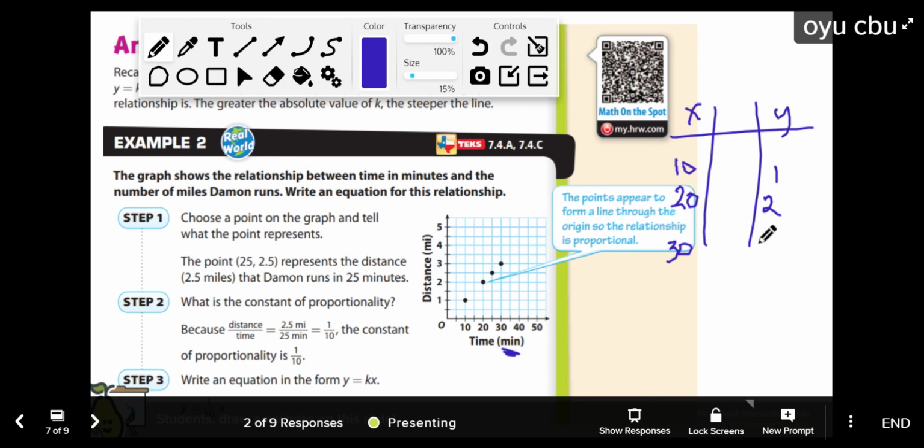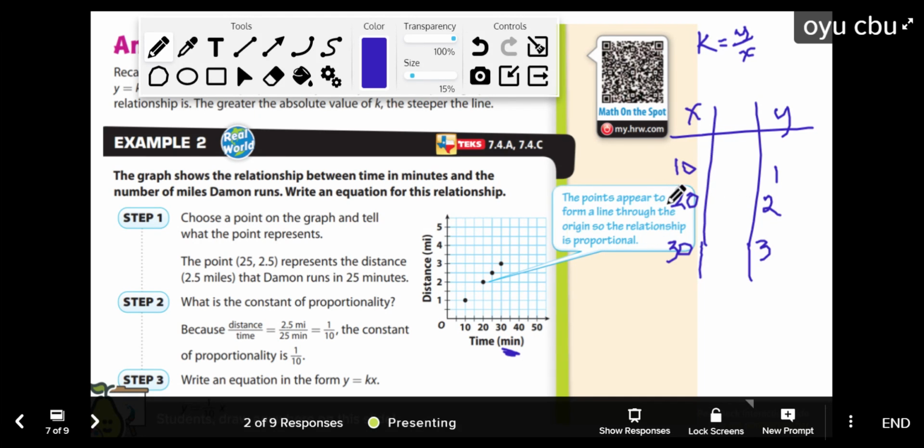Can we find our constant rate of change, our constant of proportionality? Can we find what k is? Remember we said k is equal to y divided by x. What is it? 10, right? Or you could have, it's divided by 10.